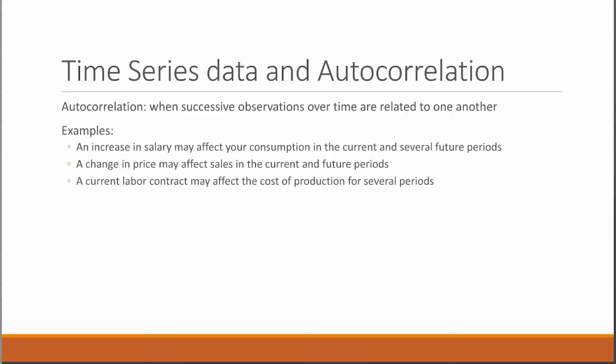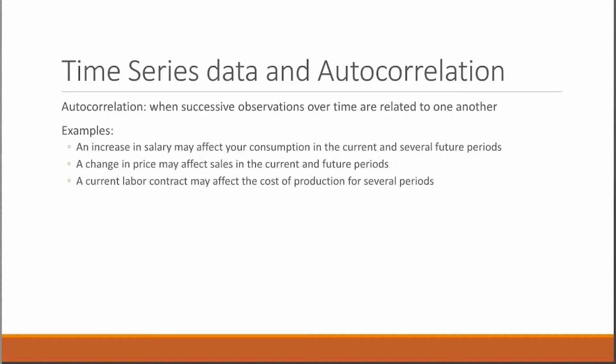And the second example is a change in price may affect sales in the current and future periods, right? When you change the price, sales will change in the current period, but in all future periods, the sales will change as well. So this just shows when we have time series data, current value is related to past value.